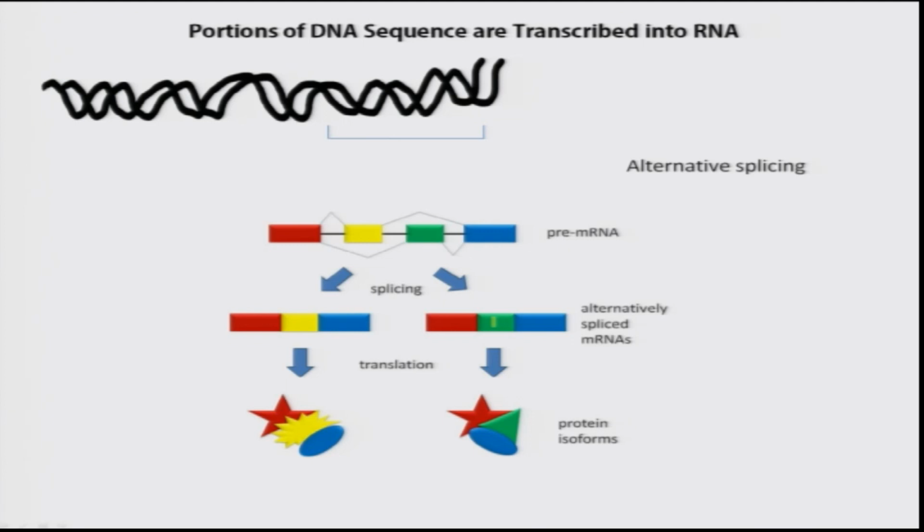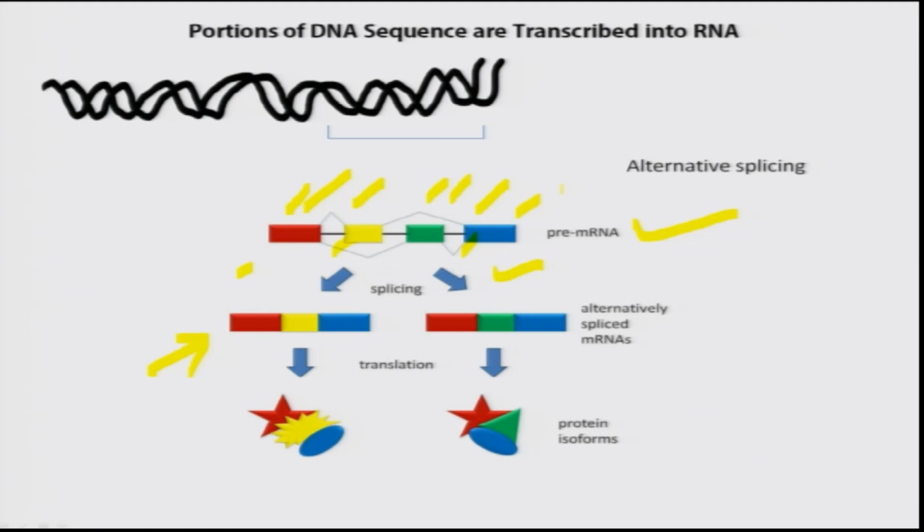So, there are RNAs which have exons, like is shown here, 4 different exons, and how this pre-mRNA having these 4 exons is assembled after the splicing process could vary. For example, in this particular example, you have exon 1, 2 and 3 joined together, whereas in the other it is exon 1, 3 and 4 joined together.